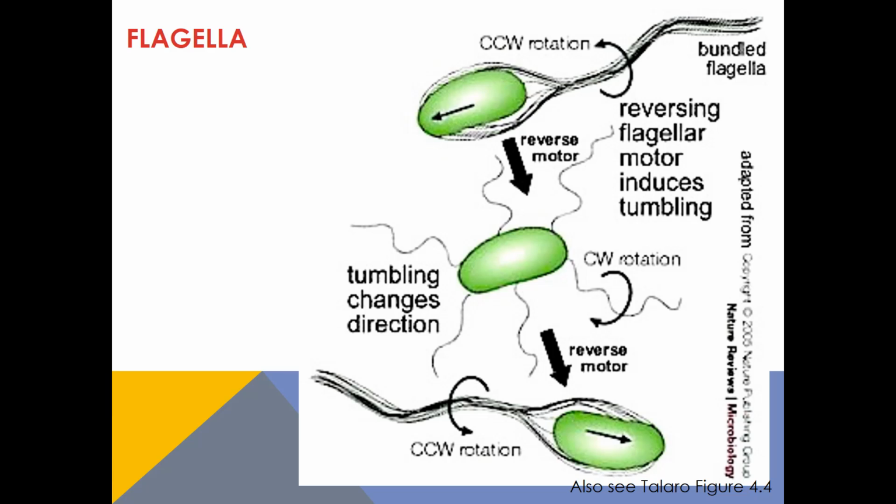Now that's called a run when the organism is moving, but organisms may need to change directions or pause in order to sense their surroundings. In order to do that, they reverse motion. So if they're going, in this case, counterclockwise to run, then they would reverse it to clockwise rotation. And when you reverse a propeller, it stops motion for a little bit.